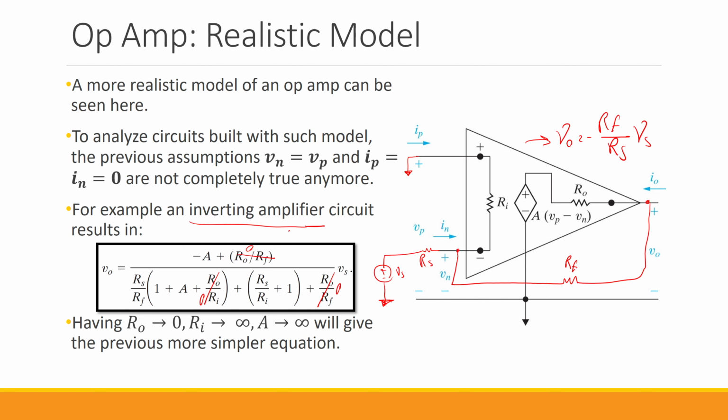So Rs over Ri becomes very, very small in comparison to the one it is summed with. If we do that, this becomes also 0.